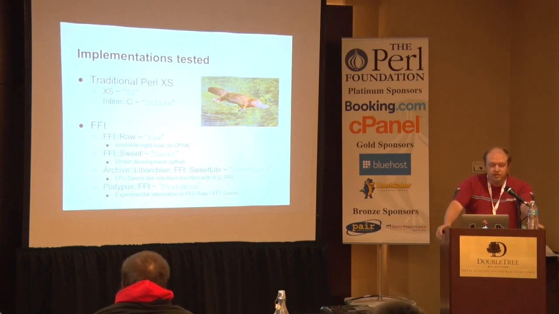FFI Suite is under development, and it's on GitHub. When I wrote Archive::Libarchive::FFI, I actually used that interface, but it wasn't available soon enough, so I created a light version of that and tested that as well. And of course, there's this experimental interface that I've been working on called Platypus FFI.